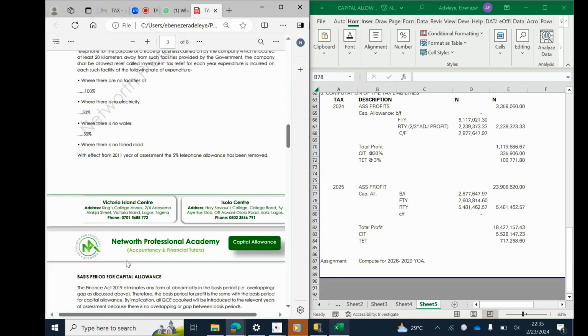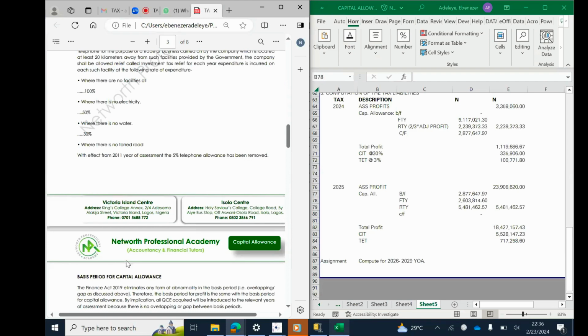What we do in practice is that we first of all divide everything by the number of days in that year, and then multiply by the number of days that it was actually used. If it was acquired on the 15th, then we are just multiplying by the number of days that it's used in that month. I don't know if you get what I'm trying to say.